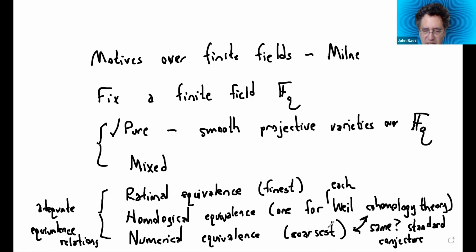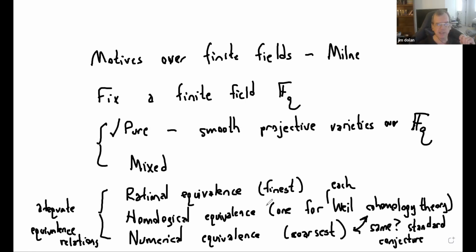It's sort of funny because all the really interesting stuff I'm going to say about using numerical equivalence will rely on some other conjecture, which is not this one here. But nonetheless, modulo that conjecture, when we use numerical equivalence, we'll get a semi-simple category of motives, and it's Tannakian, and I've been told that's not true for this rational equivalence version of motives.